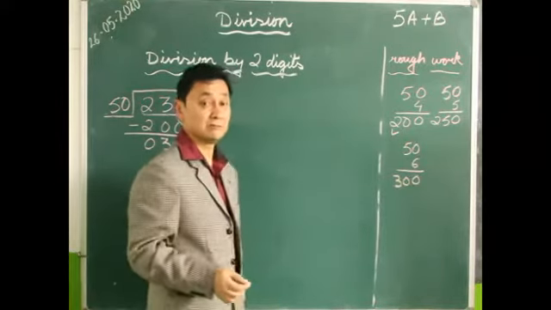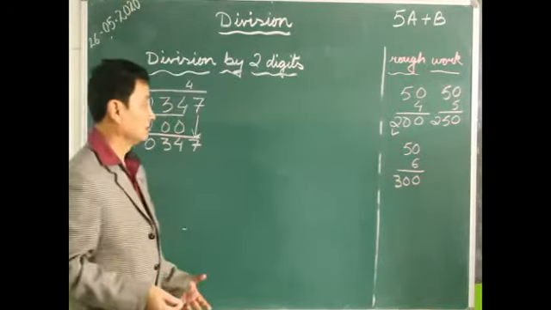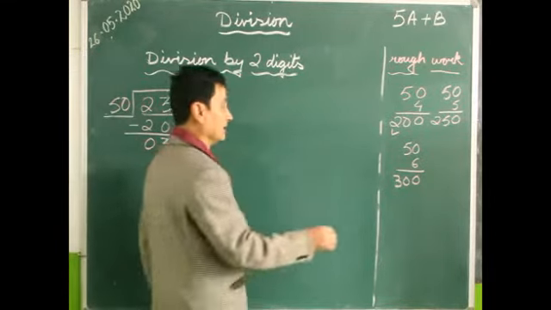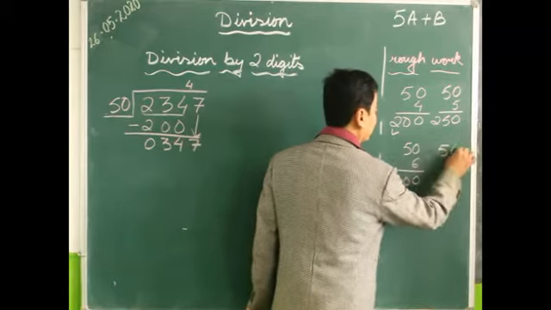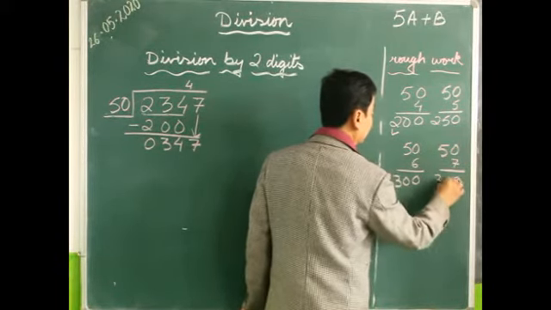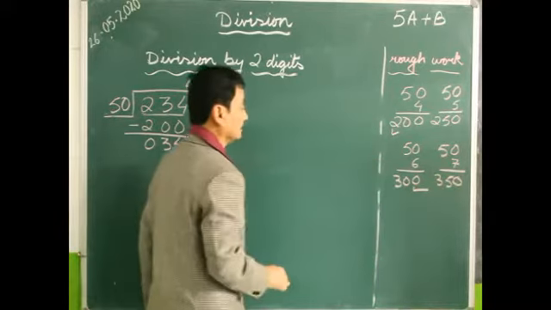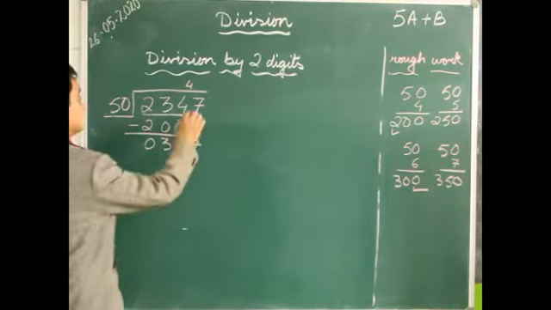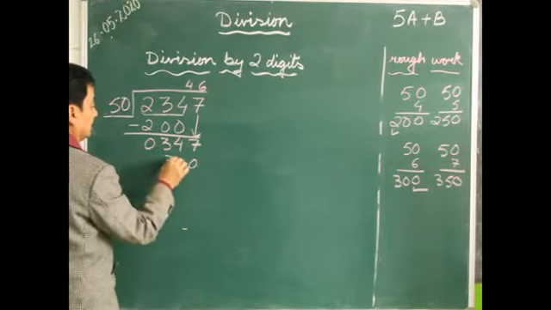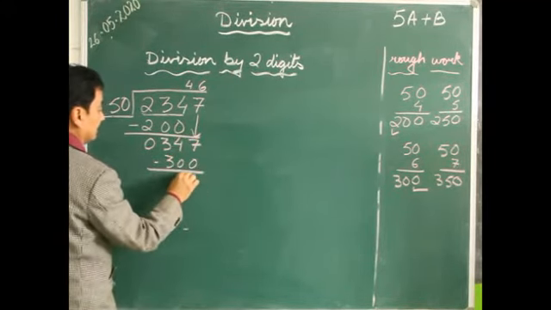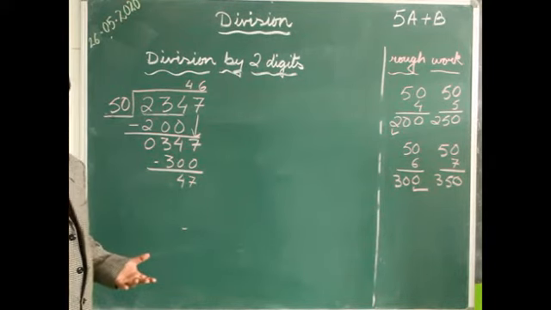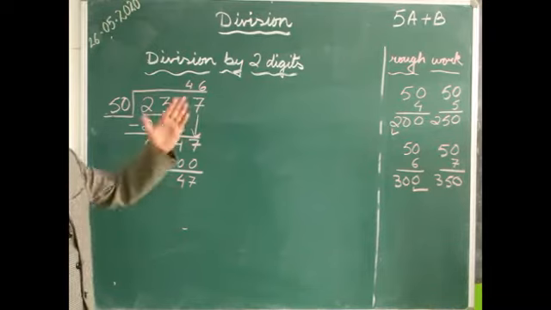We got our answer, but to be sure, we will multiply it once more so that we cross this number. 50 7s: 7 zeros are 0, 7 5s are 35. So we got our answer, 50 6s are 300, 7 and 4. See, we do this so quickly. Okay? I hope you understood. So one more sum now.